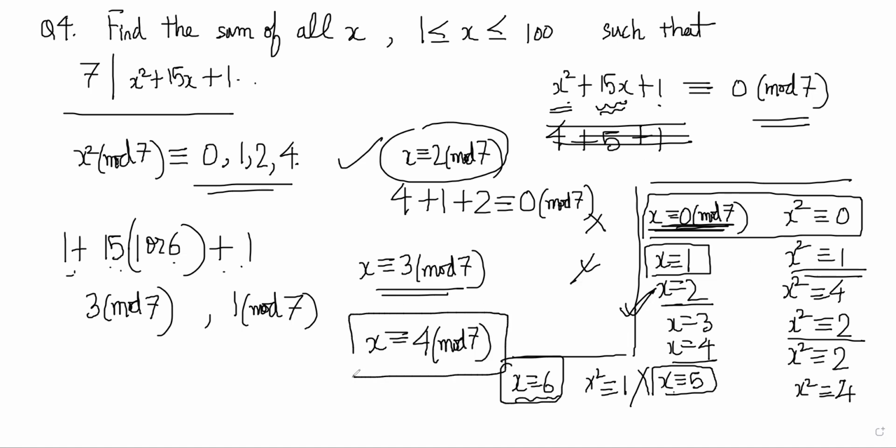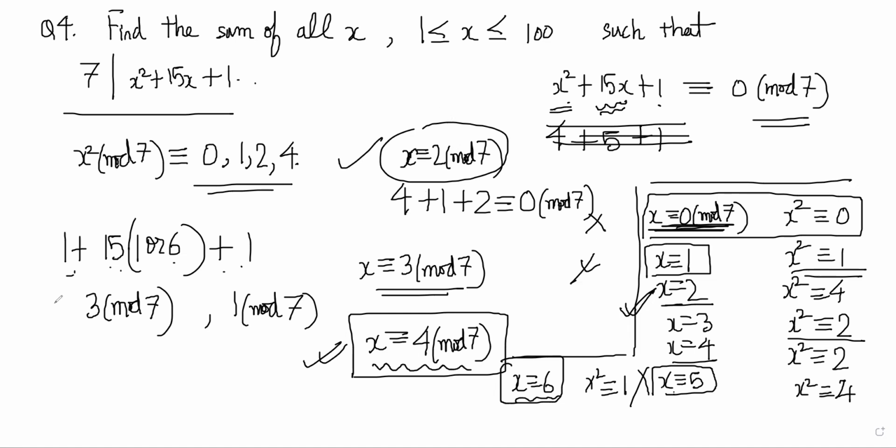So we have found by doing all the casework which ones are quadratic residues and which quadratic residues will satisfy the condition that 7 divides x square plus 15x plus 1. And we have found that those must be either x is congruent to 2 mod 7 or x is congruent to 4 mod 7, right?